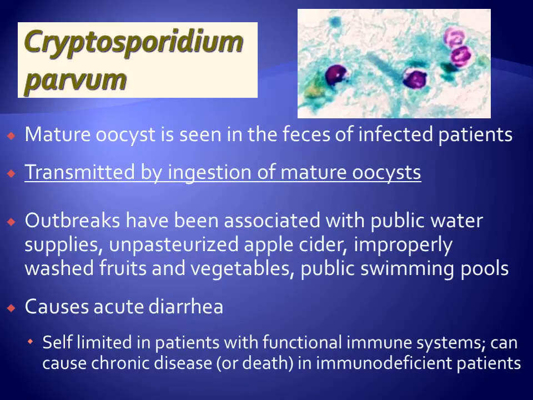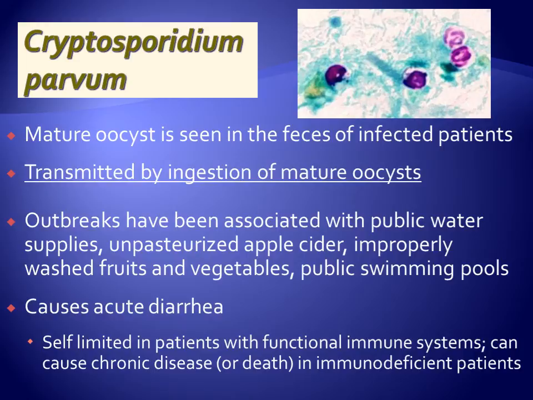You're looking at a stained smear here that contains Cryptosporidium parvum. You're looking at the mature oocysts in a fecal specimen. Reminder, this is transmitted by ingestion of those oocysts. In recent years, there have been Cryptosporidium outbreaks associated with public water supplies, unpasteurized apple cider, improperly washed fruits and vegetables, and municipal pools.